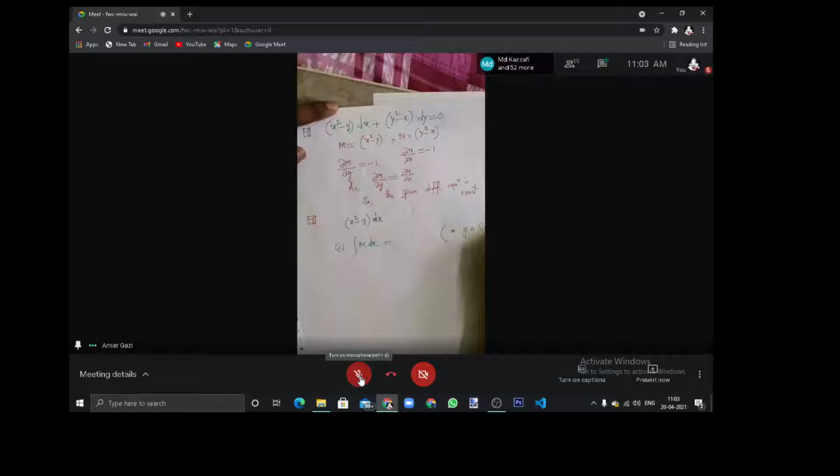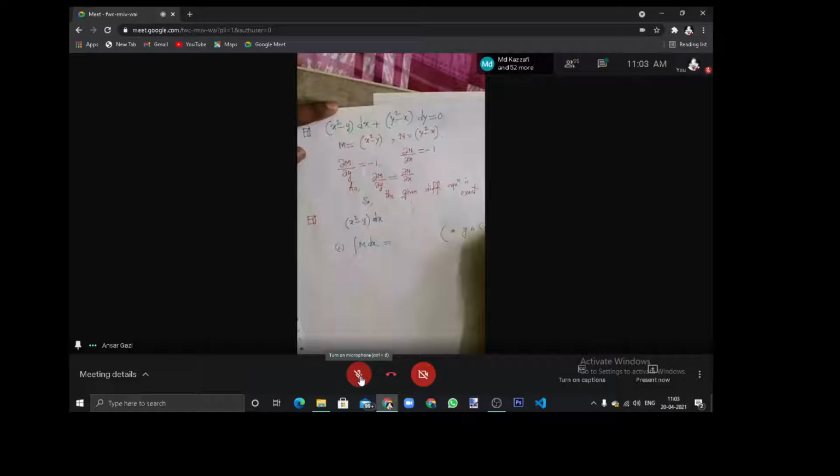So in our problem, how to solve? In our problem it is (x square minus y) dx plus (y square minus x) dy equal to 0. Okay, this is of the form M dx plus N dy, where M is this and N is this.